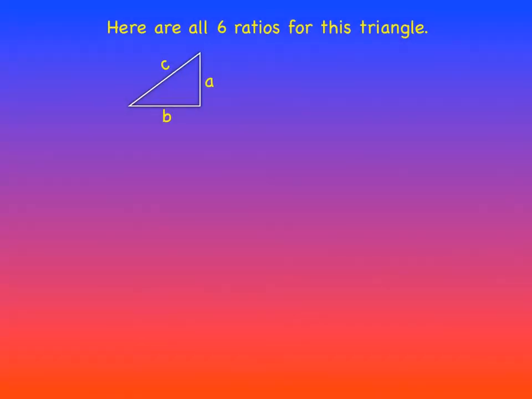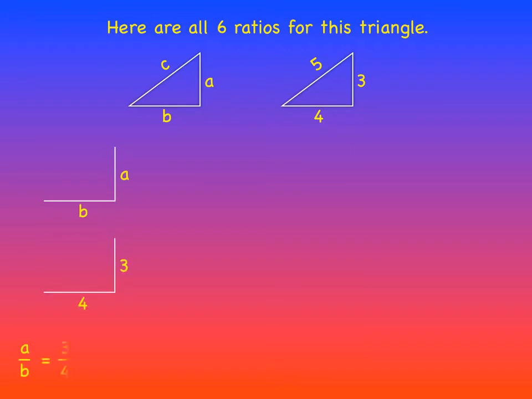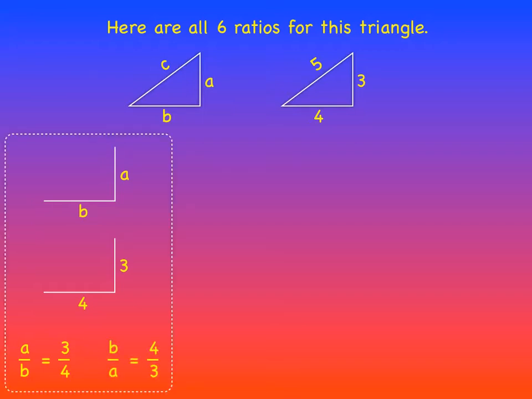Here are all 6 ratios for this triangle. Comparing A and B, that's 3 and 4, the ratio of A to B is 3 to 4. But the ratio of B to A is 4 to 3. Let's look at another ratio.